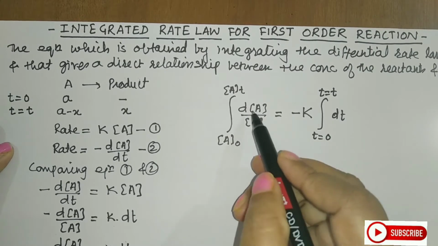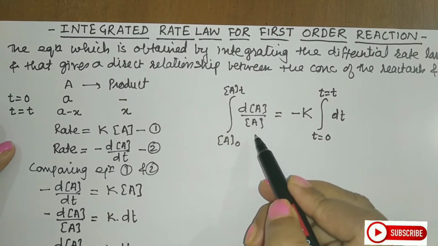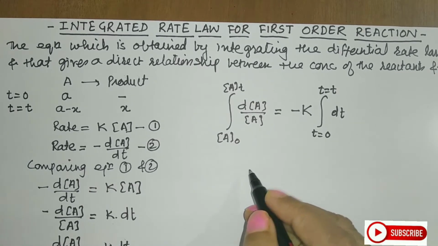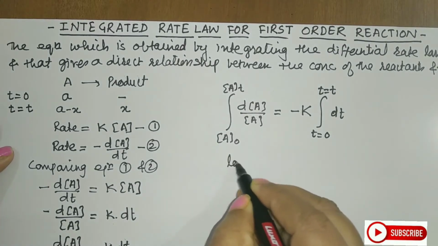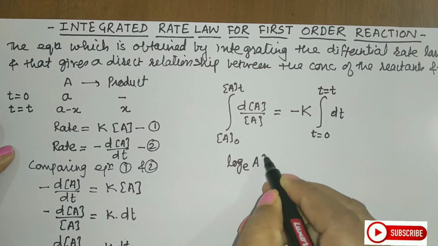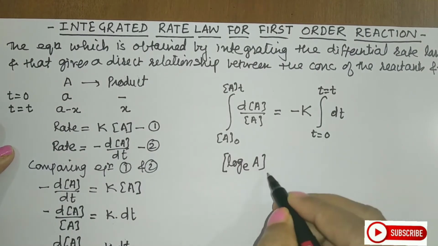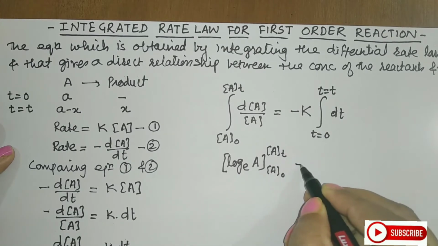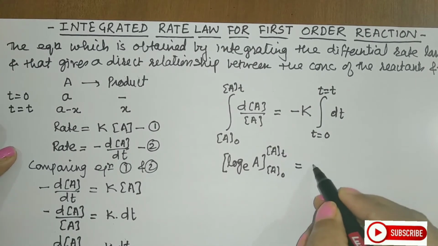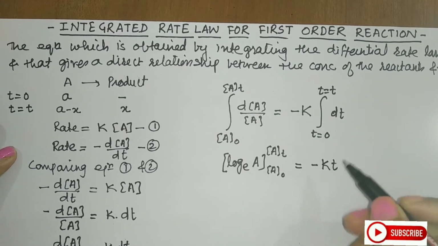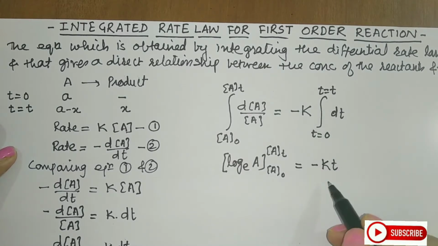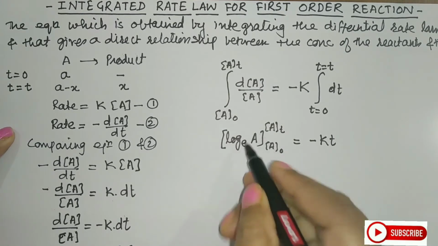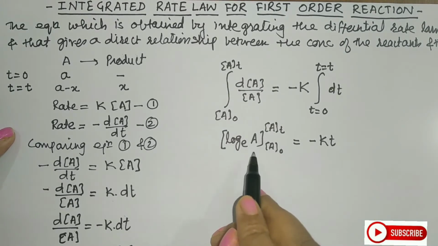Now this integration of dA with respect to A will give me log to the base e of A. So how will I write this, student? It will be log to the base e of A, lower limit and upper limit, is equal to minus kt, because this will be t minus 0, it will become t. So can I split this? Student, log to the base e is ln.